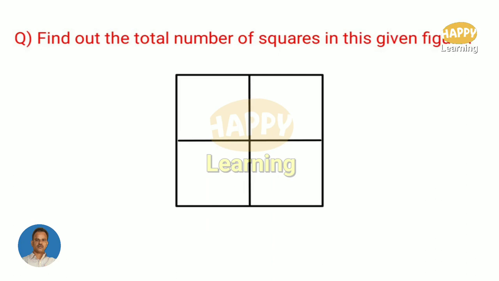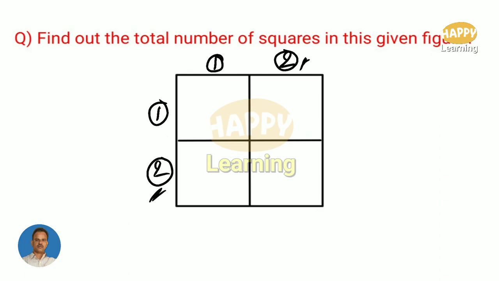Give numbers to the columns, column 1, column 2, then row 1, row 2. So we have 2 columns and 2 rows. The maximum number is 2 here, because it is a 2 by 2.